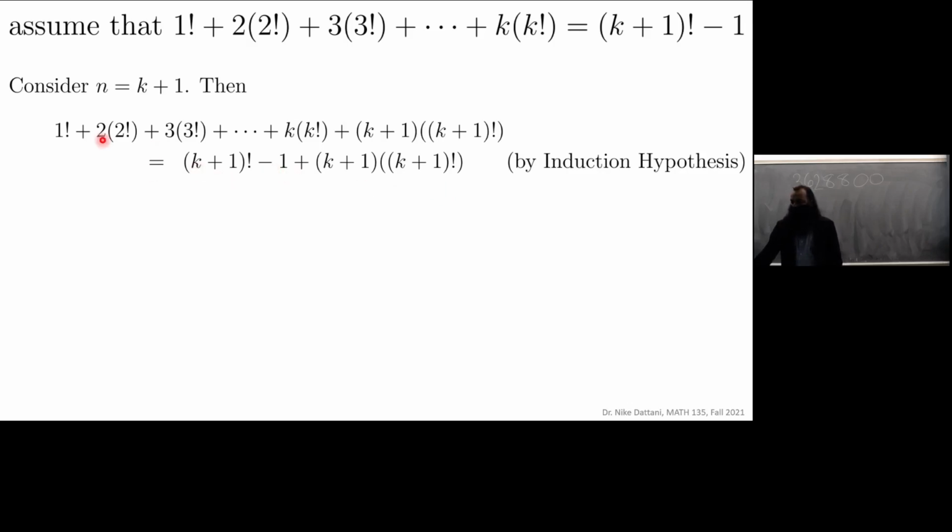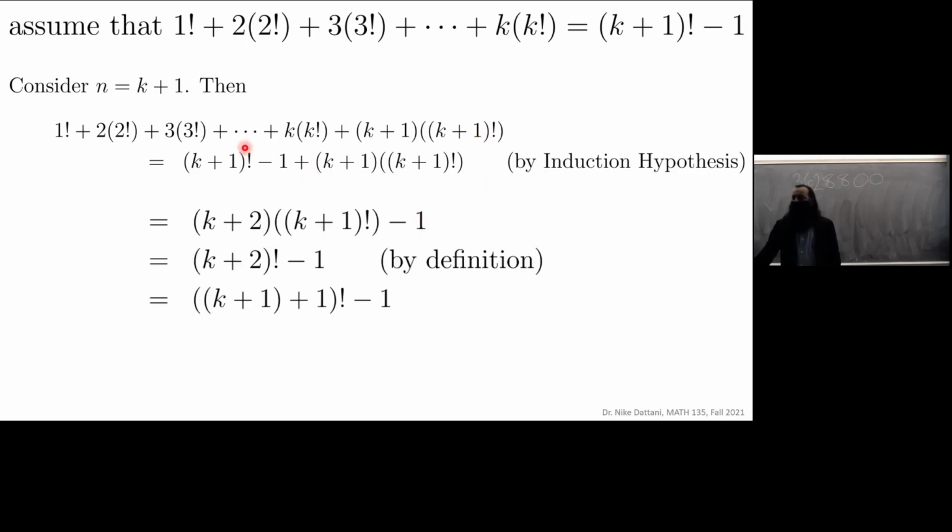This part is just from here, and this part is just from here. So now we just rearrange it a little bit, and for n equals k plus 1, we have n plus 1 factorial minus 1. The induction is pretty easy once you figure out what it is that you want to prove.